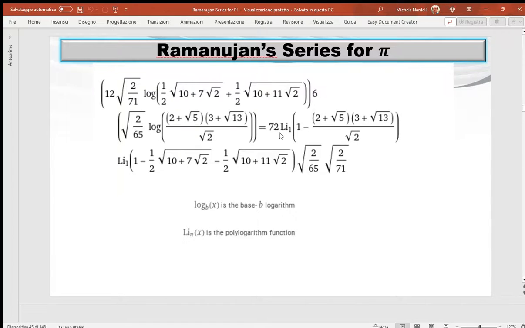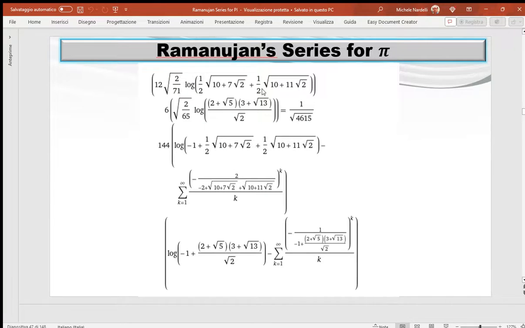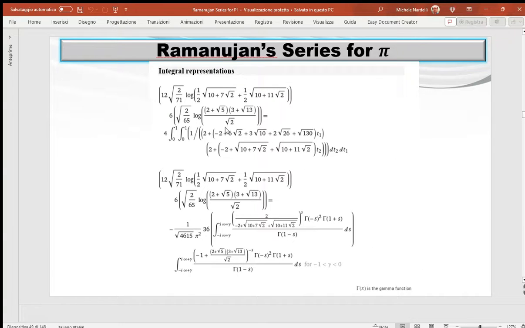The series representation 1, 2, and 3. And the integral representation 1, 2.